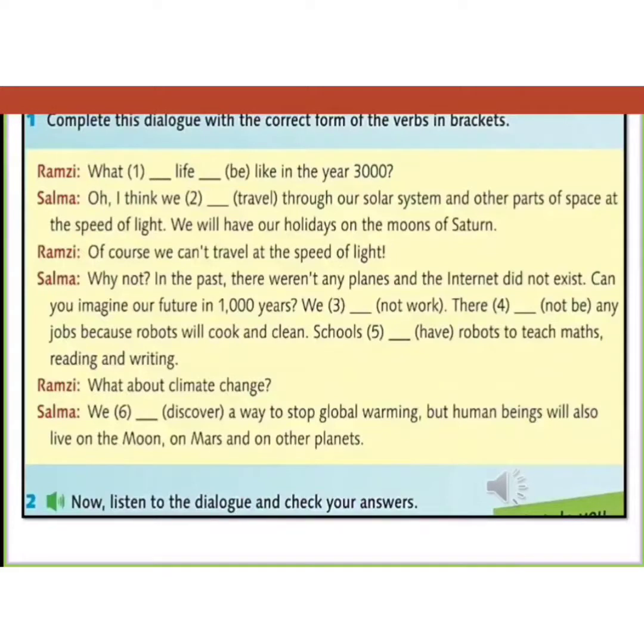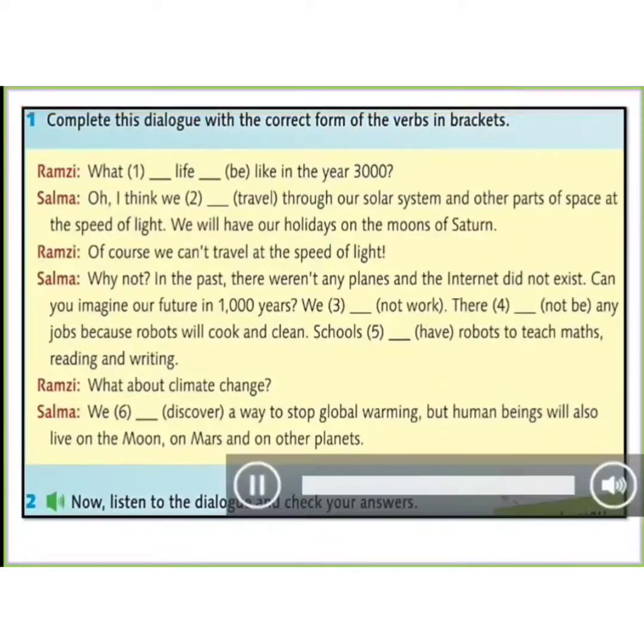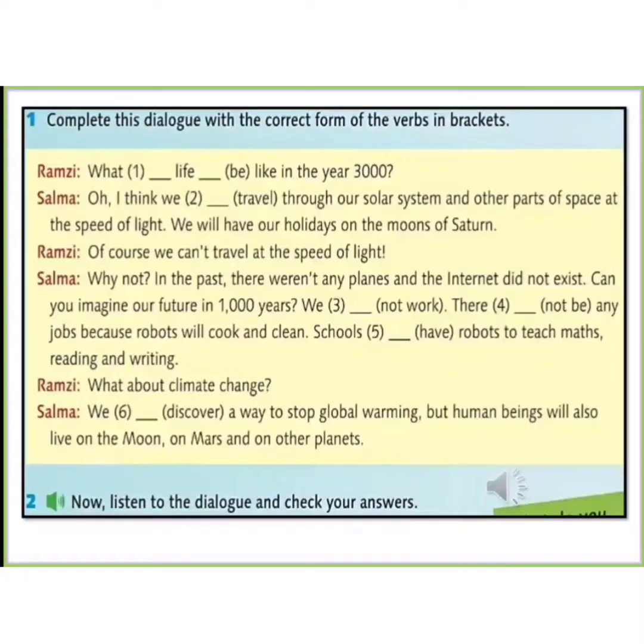Now let's listen and you should check your Module 4, page 45, exercise 2. What will life be like in the year 3000? Oh, I think we will travel through our solar system and other parts of space at the speed of light. We will have our holidays on the moons of Saturn. Of course we can't travel at the speed of light. Why not?